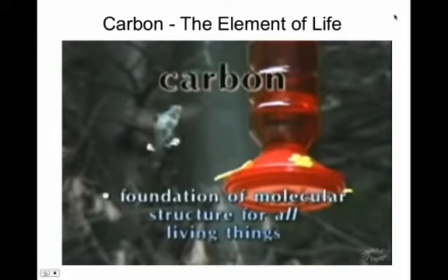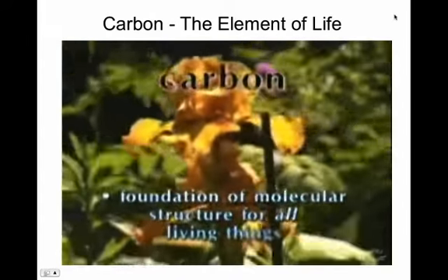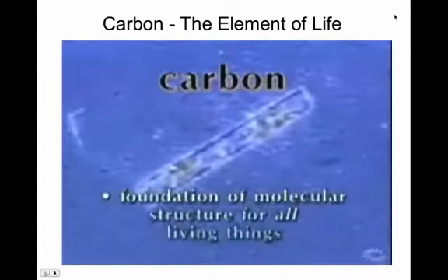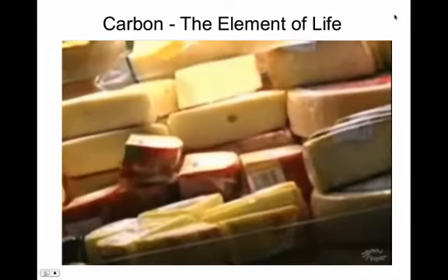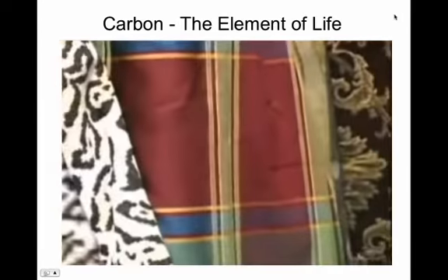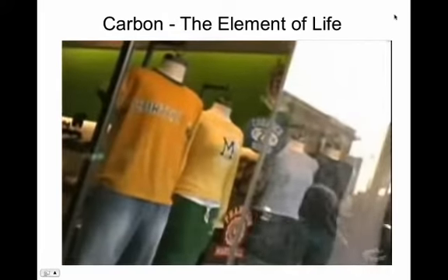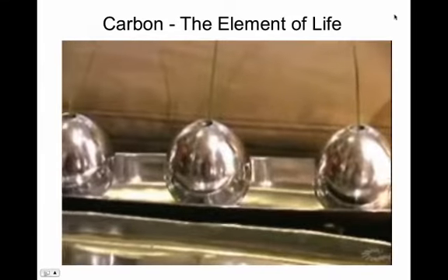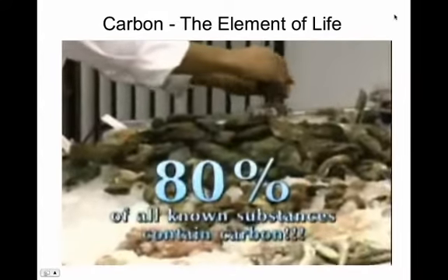It provides the foundation of the molecular structure of all living things, whether they are plants, animals, or microorganisms. Carbon's ability to combine with other elements results in a vast array of chemical structures. Of the estimated 12 million substances that have been identified, fully 80% of them have carbon as an important part of their molecular structure.